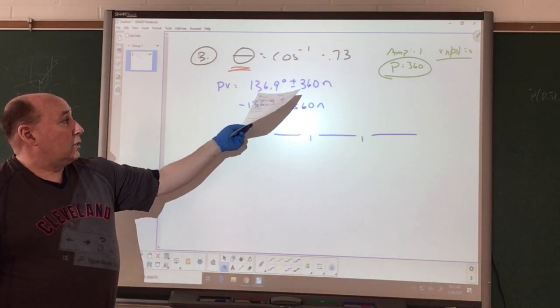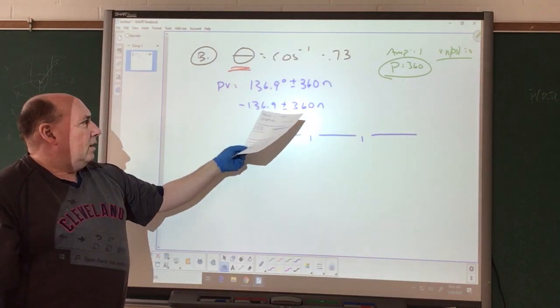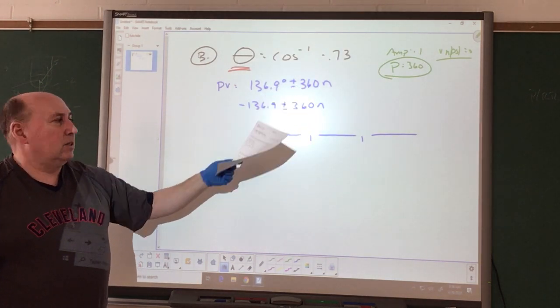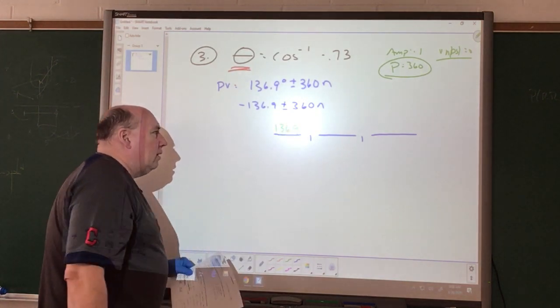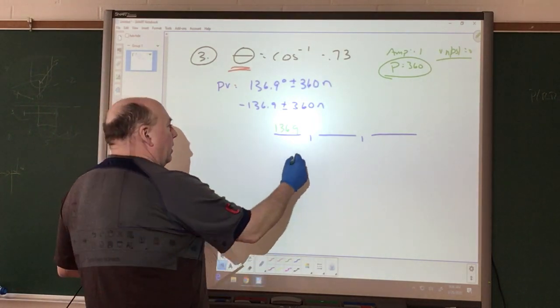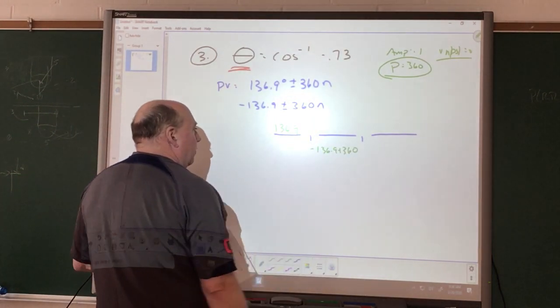This is 136.9. If I subtract 360, I'm going to be negative. I can add 360 here. It's going to make me positive, but it's going to be bigger than this. So we have 136.9. To get my second value, I go to my second one, negative 136.9 plus 360.